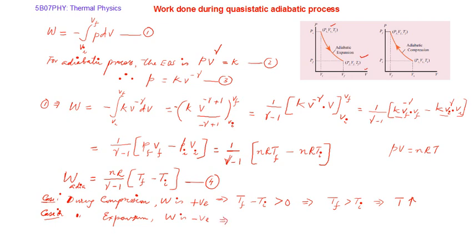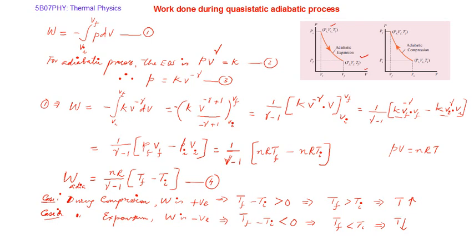Hence Tf minus Ti, as per equation number 4, must be less than 0, and it denotes that Tf is less than Ti, and that an adiabatic expansion results in cooling, or the temperature will be reduced. So this is the discussion of the work done during a quasi-static adiabatic process on a simple system like an ideal gas.